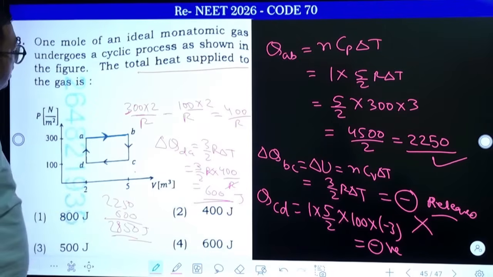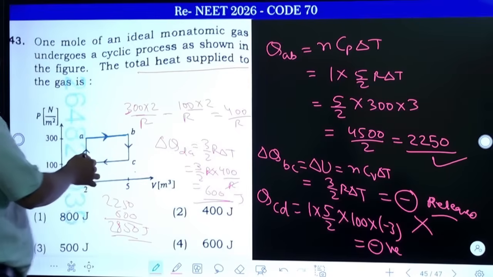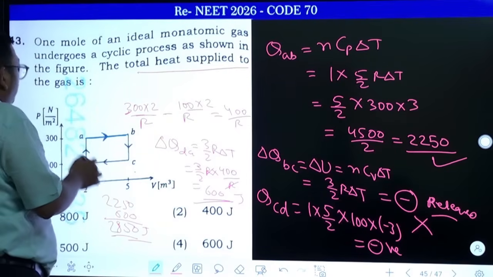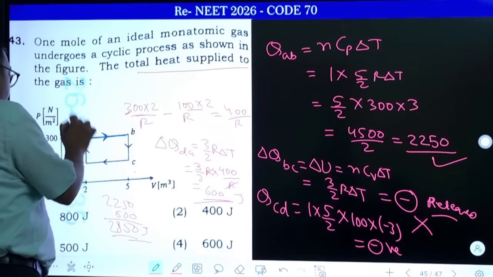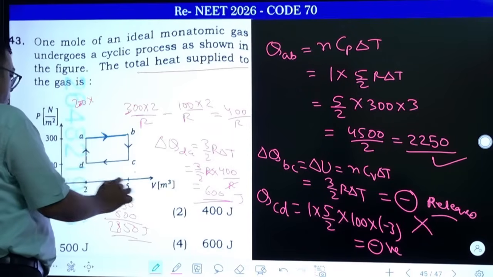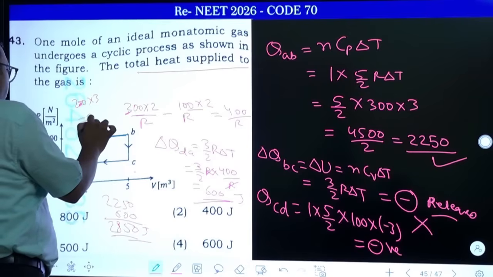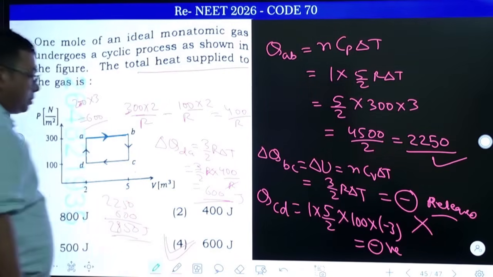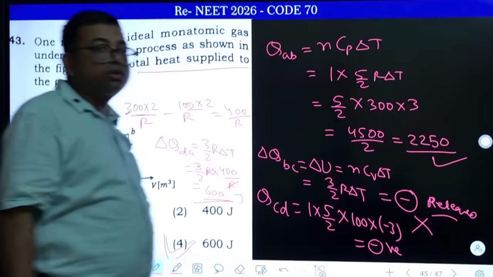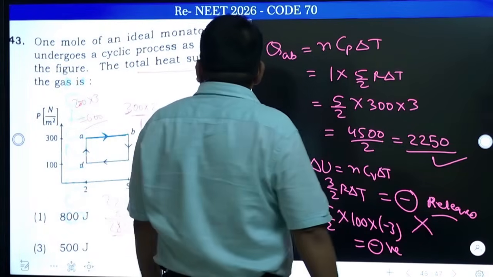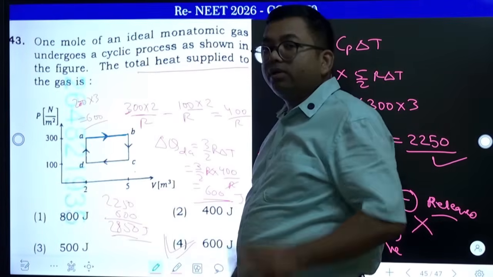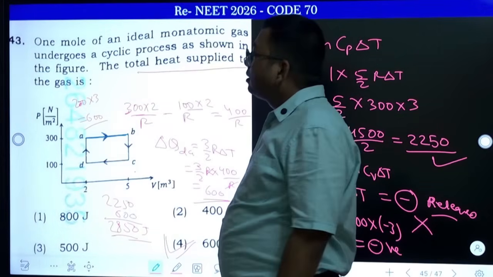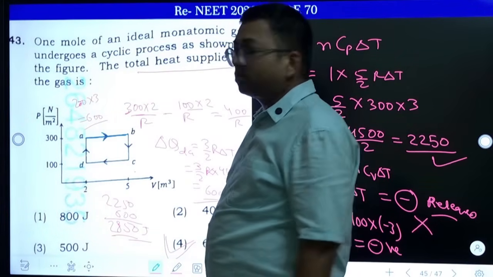But if they are calculating for the entire cycle, then you have to calculate the area. How much will the area come? Check that. This is 200 and this is 3, that means 600. Might be they are taking the total area. I thought it is a good question, but they have not used the proper word. I think NTA has made a mistake in the question.